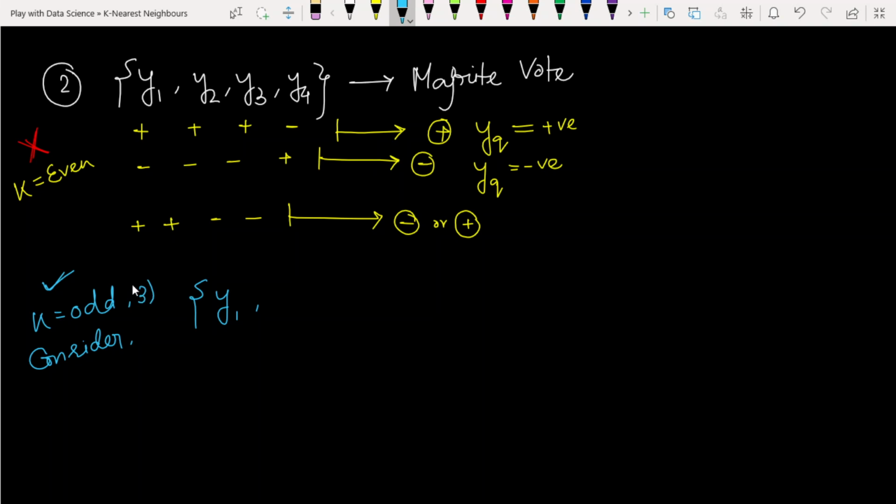Let's take for example k equal to 3, so we got the outputs y1, y2, y3. Now we have to choose the majority vote.